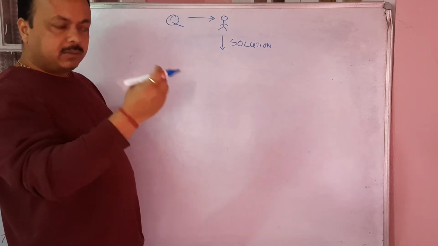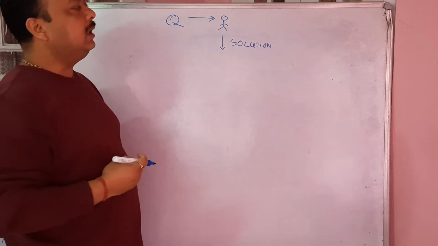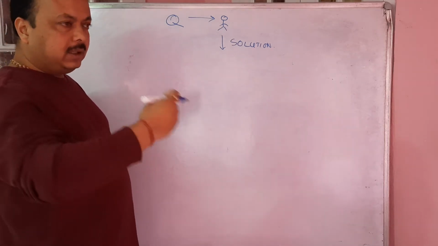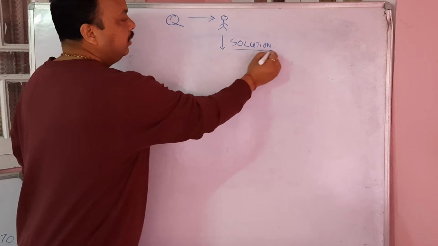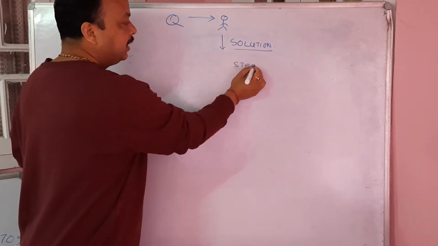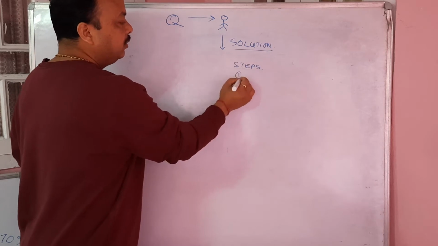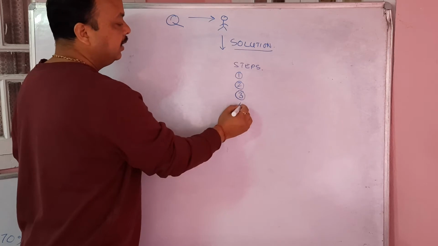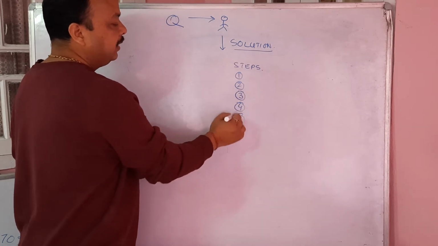We'll try to pick small, easy problems initially, and then we'll build up on that. So the solution must involve steps. You must first write down the steps: what will be step number 1, what will be step number 2, what will be step number 3, what will be step number 4 and 5, and so on.